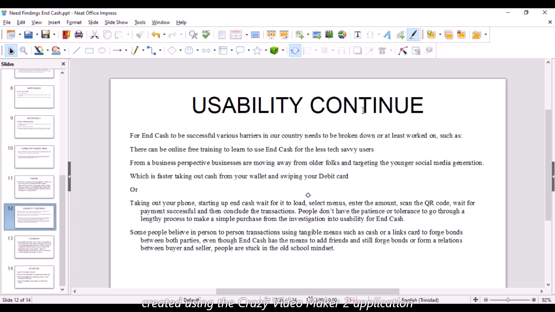People don't have the patience or tolerance to go through a lengthy process to make a simple purchase.